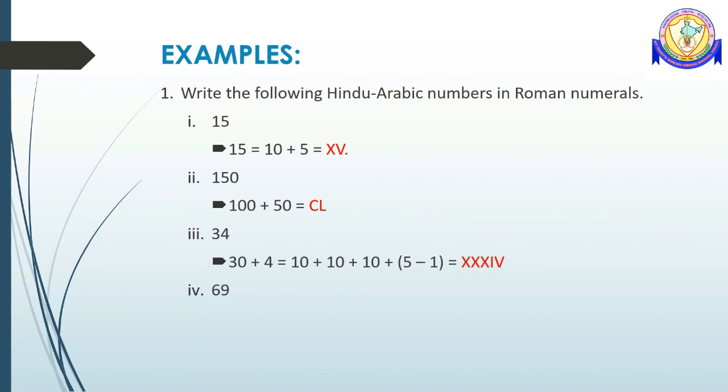So 10 is X, so 3X will be there, and 5 minus 1, that is 4, can be written as IV. Therefore XXXIV is 34. Same for 69, 60 plus 9. 50 plus 10 is 60 and 10 minus 1 is 9. So 50 plus 10 is LX, and 10 minus 1 is IX.